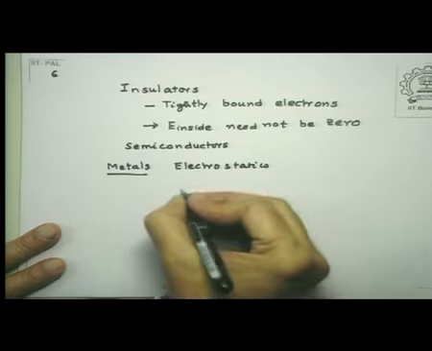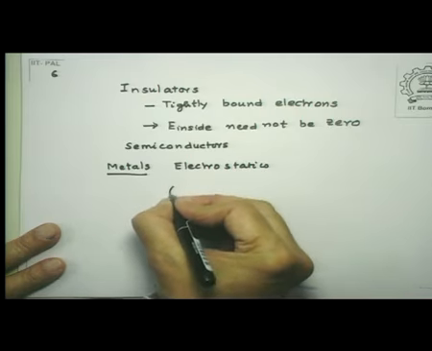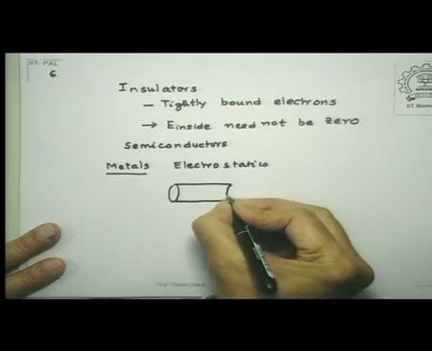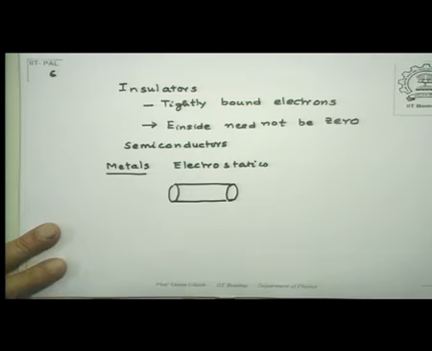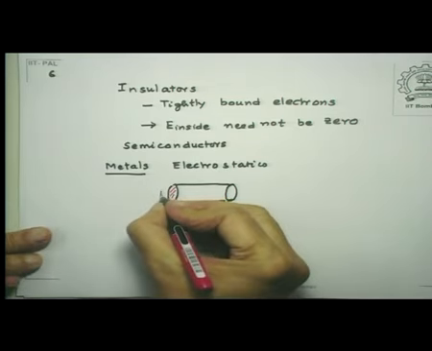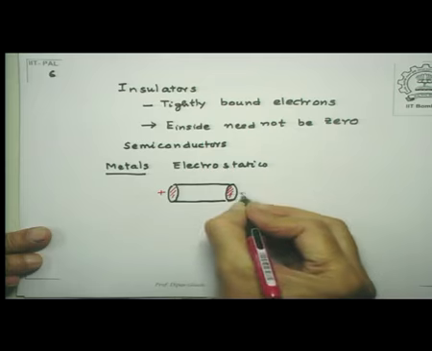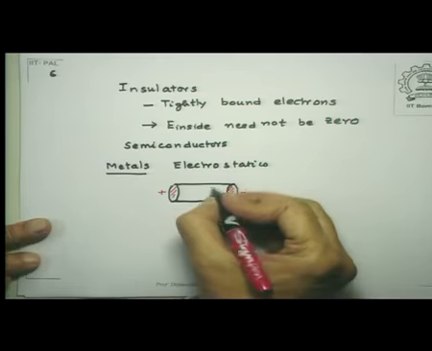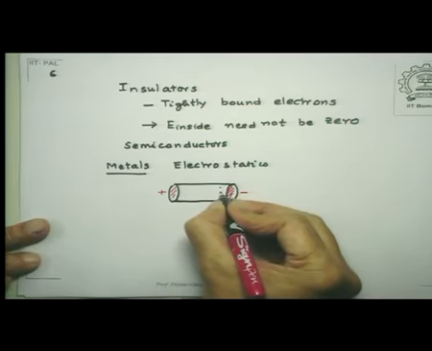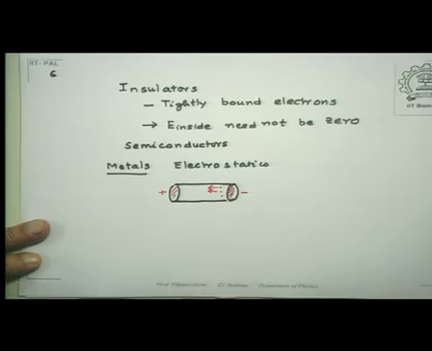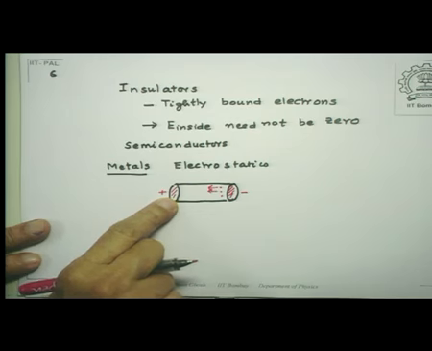Now suppose I had a piece of metal, and let us suppose that this is a sample and these are my two ends, and let us suppose artificially I provided a positive charge plate here and a negative charge plate here. Now look at what actually happens. The free electrons which are here would start moving towards the plate with the positive charge.